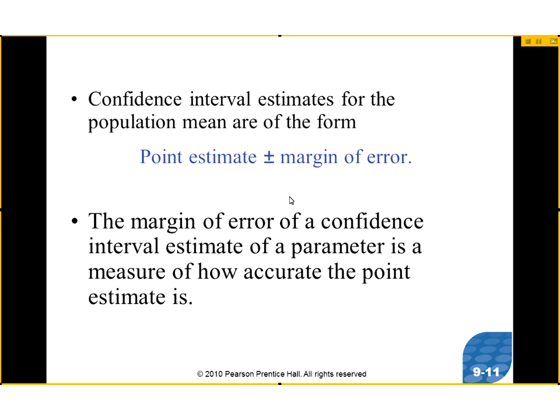We construct our confidence interval by taking the point estimate and adding and subtracting the margin of error. And we will focus on calculating the margin of error in a few minutes. The margin of error measures how accurate the point estimate is.